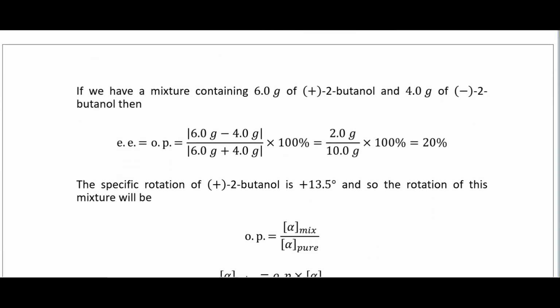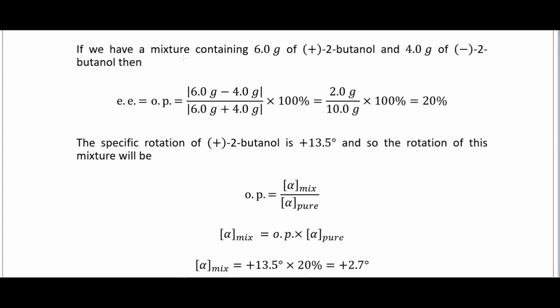All right, so we can look at another example here. If we have a mixture containing 6 grams of the plus 2-butanol and 4 grams of the minus 2-butanol, then we can get the enantiomeric excess, or the optical purity, this way. We have our 6 minus 4, then the 6 plus 4 in the denominator, and so we get 20% for our optical purity. The specific rotation of the pure plus 2-butanol, remember, is plus 13.5 degrees.